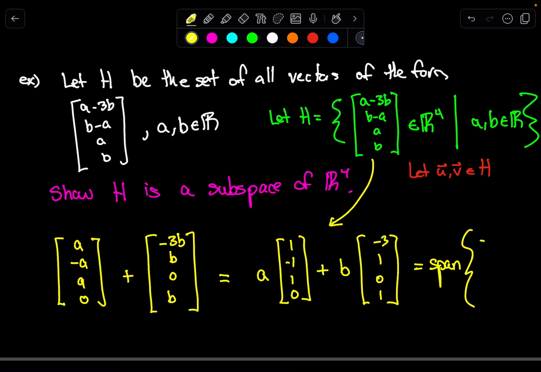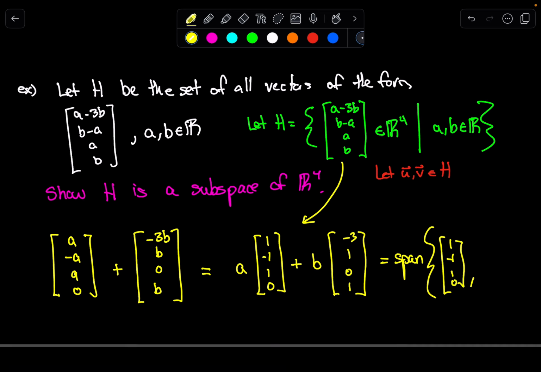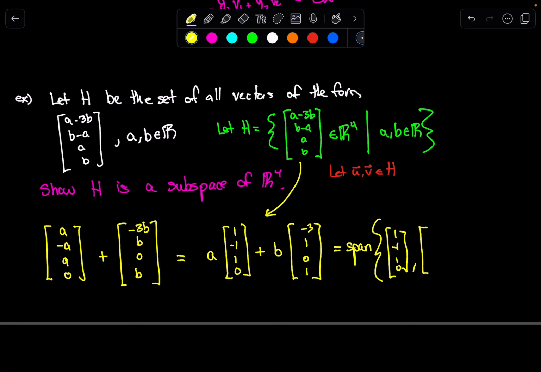This is the span of two vectors. This is the span of 1, negative 1, 1, 0, and also the vector negative 3, 1, 0, 1. And since this is the span of two vectors, and those vectors themselves are in R4, this implies, via the work that we did before, that H is a subspace of R4.